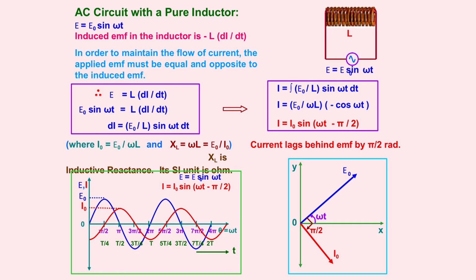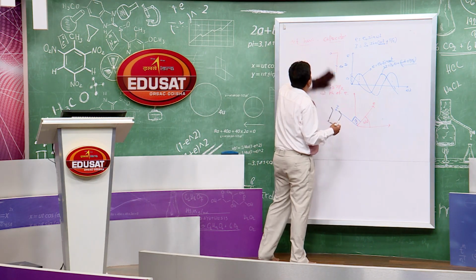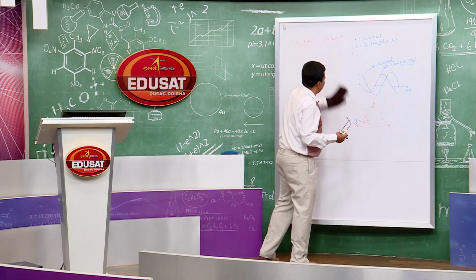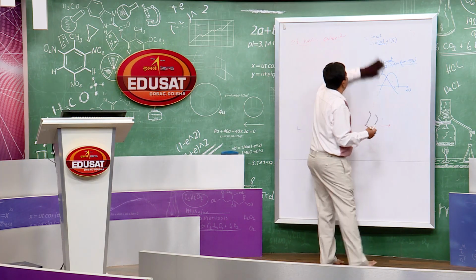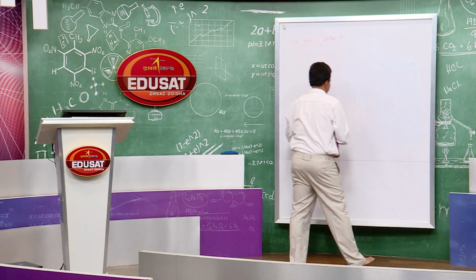But if a circuit has an inductor, it is 90 degrees behind that of E. So, taking these concepts, now we will discuss some problems or numericals regarding this. Let us remember, and go through your notes, what types of expressions we have derived for the circuit having the inductor and the capacitor.